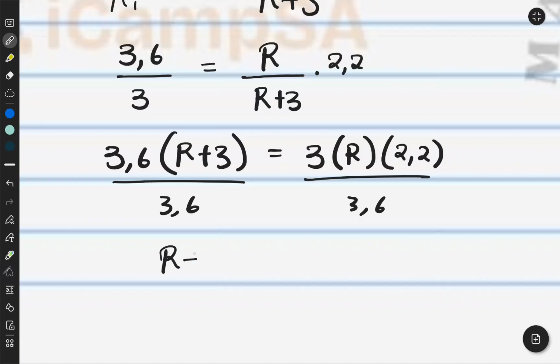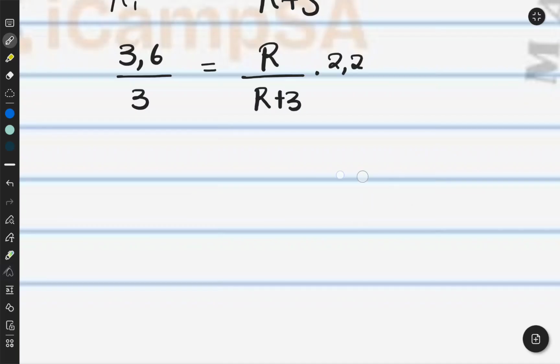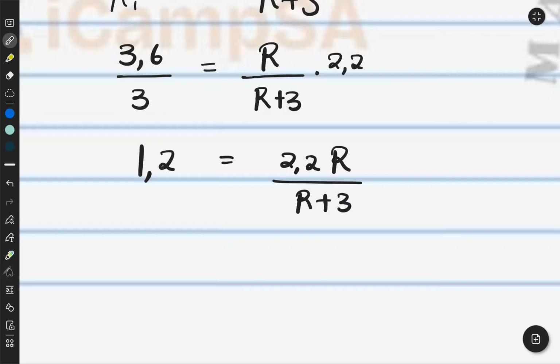So what you'll have here is R plus 3 is equal to, let's punch this in a calculator, 3 times 2.2 divided by 3.6. Actually, to avoid this whole headache, sorry, let's do this. We can just simplify it from here. 1.2 is equal to 2.2 times R over R plus 3.